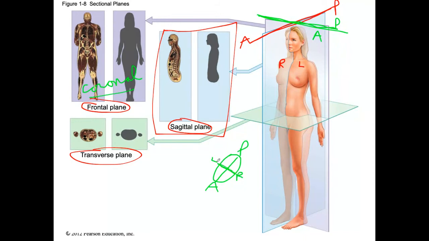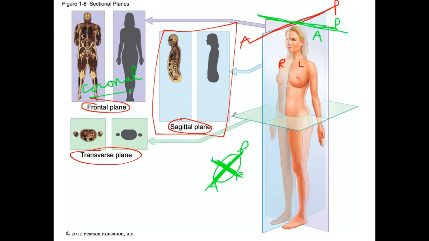So when it goes across, they call this the coronal suture. And when it goes this way, they call it the sagittal suture. The sagittal suture separates the skull into a left and right half, just like the sagittal plane does. The coronal suture separates the skull into an anterior and posterior portion, much like the frontal or coronal plane does.